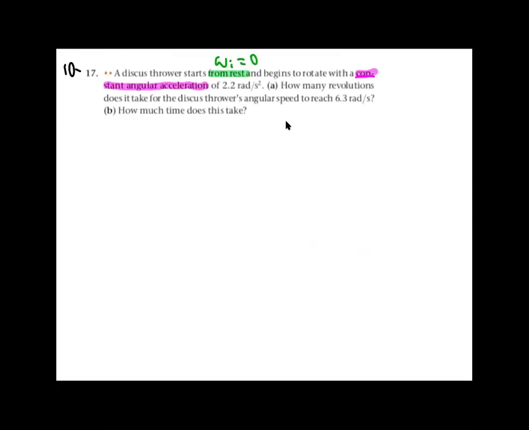Someone else just came in, so welcome. And this tells us that alpha is 2.2 rad per second squared. And then we wrap up with an angular speed of 6.3. So that's going to be omega final.